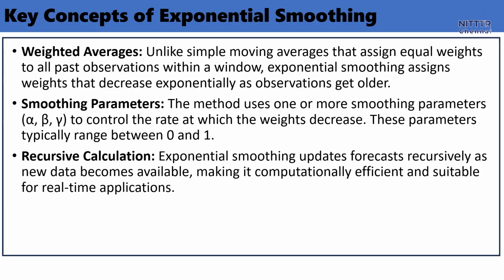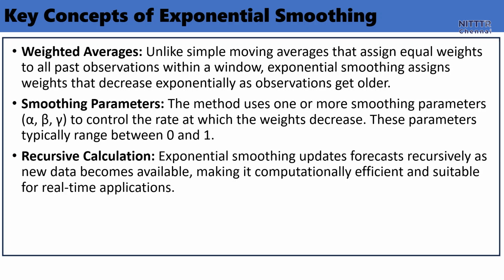Now, let us see how the key concepts of exponential smoothing can be explained here. One of the first key concepts is weighted average. As I said, in simple moving average, weights are assigned to the past observations for a particular window, whereas in exponential smoothing, weights are assigned in a decreasing order, which is exponentially decreasing.